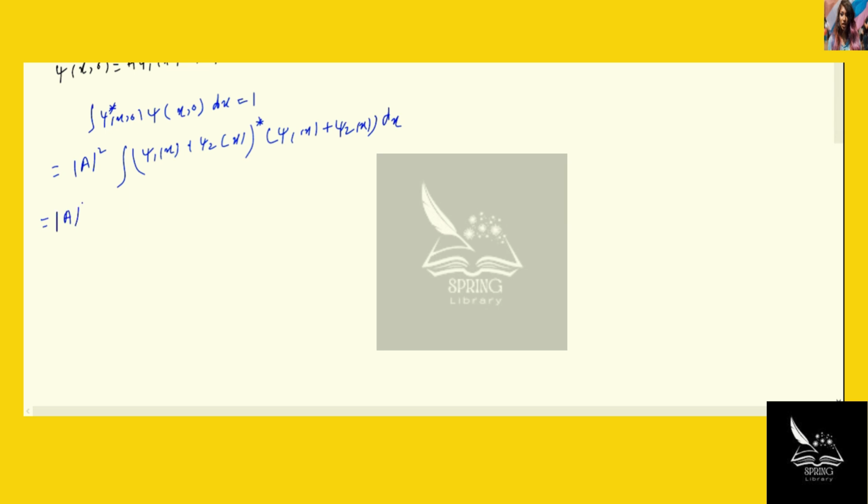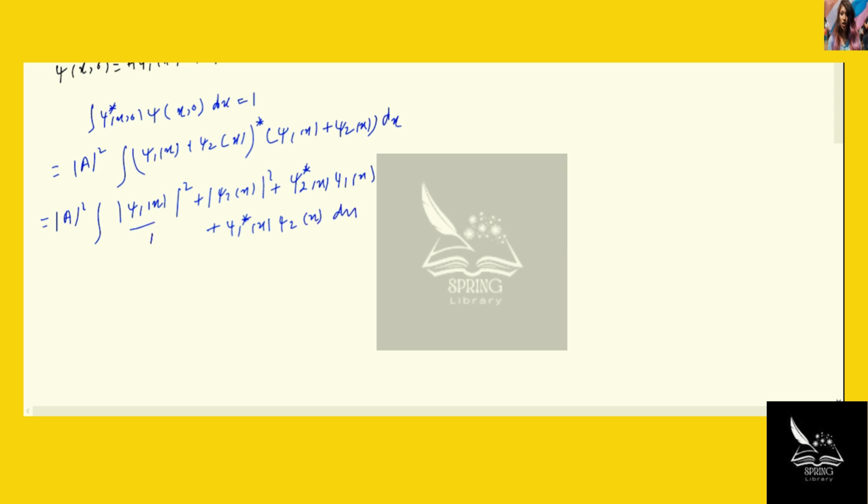Therefore, mod A squared into this becomes the integral of psi 1(x) squared plus psi 2(x) squared plus psi 2 star(x) psi 1(x) plus psi 1 star(x) into psi 2(x) dx.